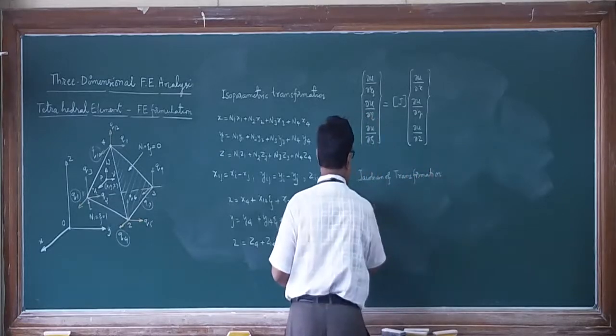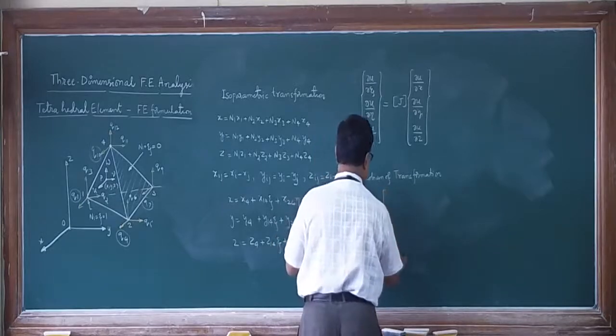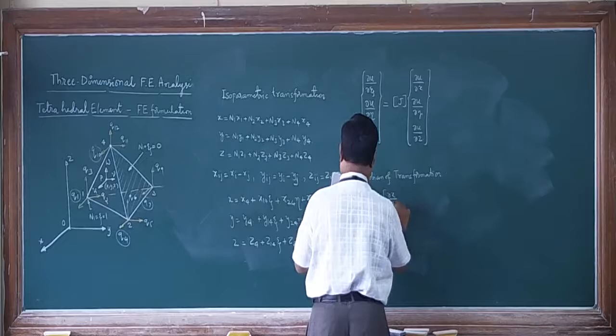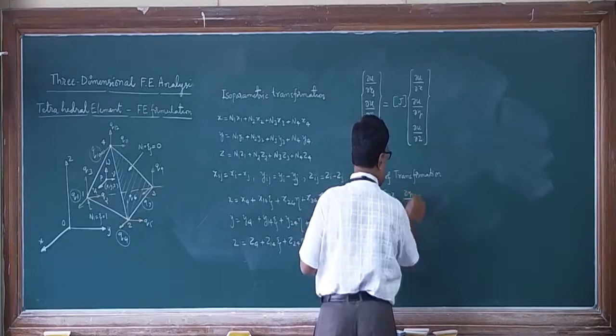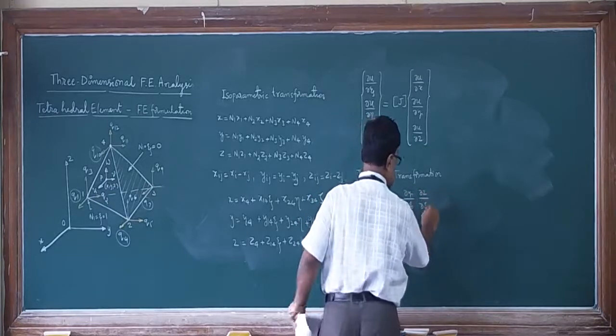What is this J? J is given by dou x by dou zeta, dou y by dou zeta, dou z by dou zeta.